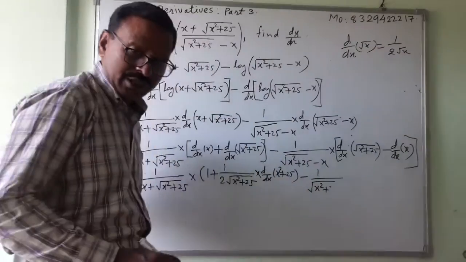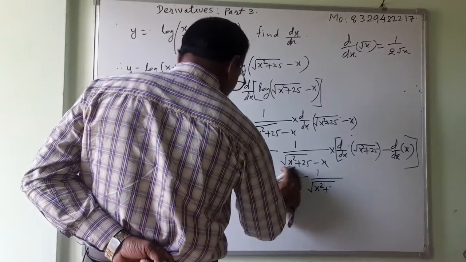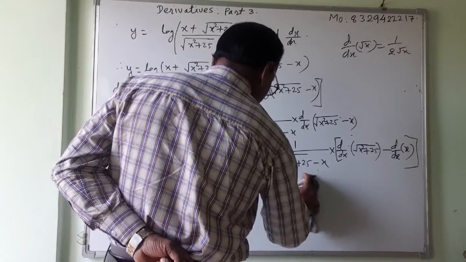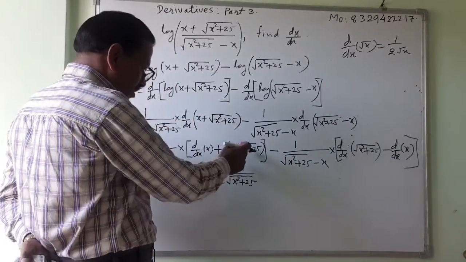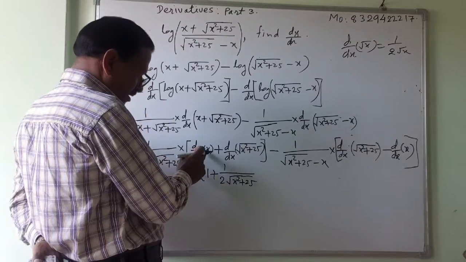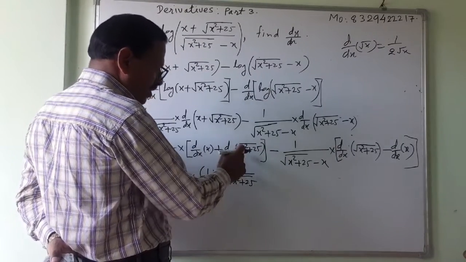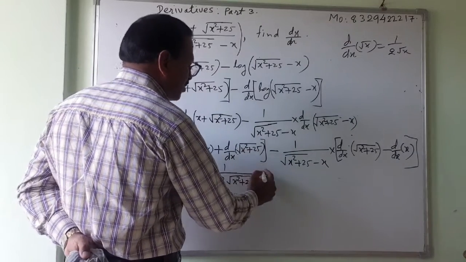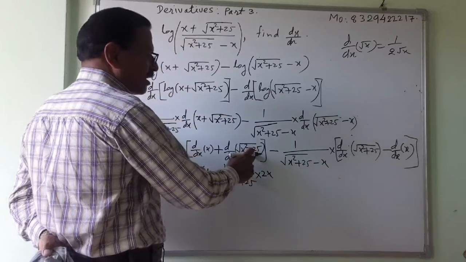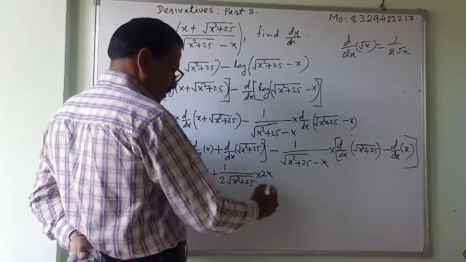This is becoming very lengthy. I will do it directly now. What I am doing, I will explain to you, because the space is limited. So derivative of root is this, derivative of x is 1, derivative of root is this, into, but this function is different, so into the derivative of this will be 2x, and the derivative of 25 is 0, so that 0 is not needed.